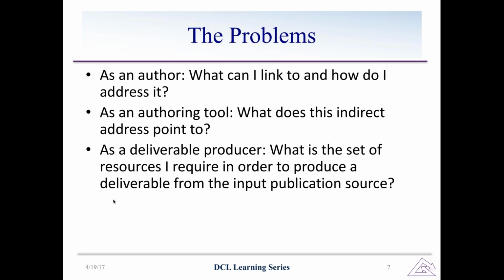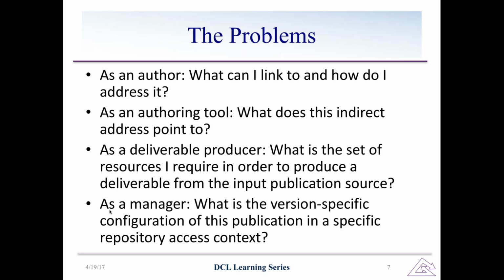If you're producing deliverables from your content, you need to know what is the set of resources that are required in order to produce a deliverable from the input publication source, right? What are all the source files, what are the graphic files, anything else that I might need? I need to know those. And as a manager, and here I mean a human manager, what's the version-specific configuration of the publication that I'm going to get in a specific repository access context?